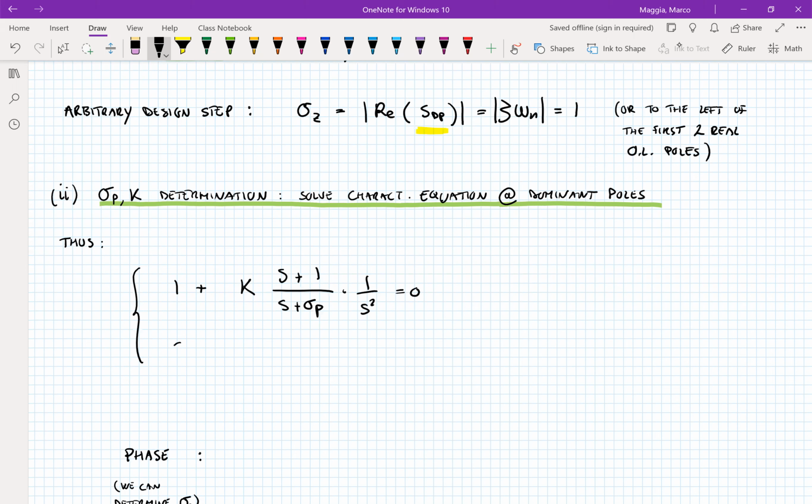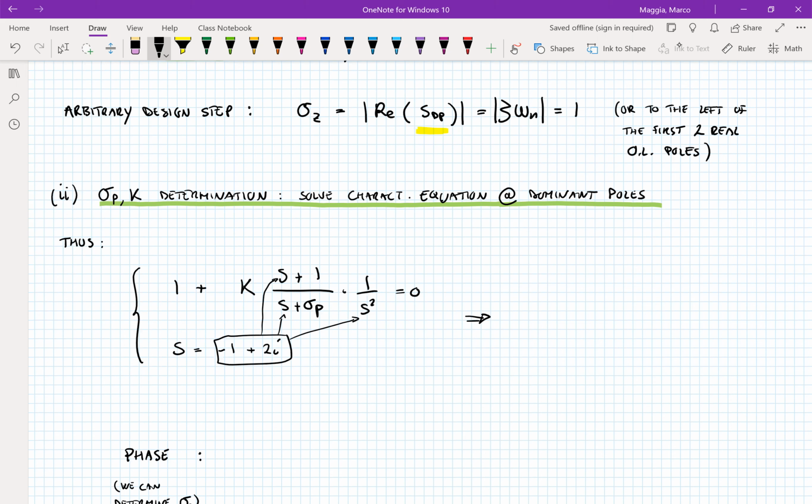And this has to be valid at our dominant poles. So as I said, we just have to use 1, and we're going to use the -1 plus 2i. So in other words, we're going to substitute this into the characteristic equation here, here, and here.